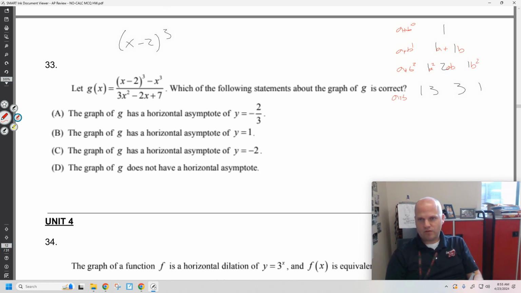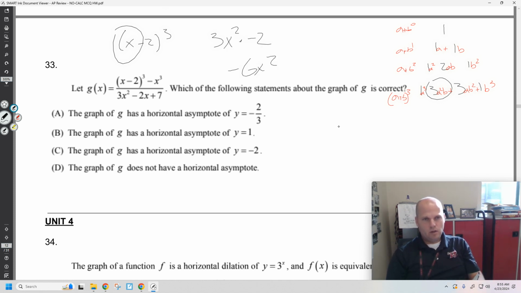These are the coefficients of a plus b cubed. We'll have 1a cubed, 3a squared b's, where you bring one down and raise the other power of the other one. We have 3ab squared, and we have 1b cubed. So we have x squareds. We'll have 3 x squareds times b, which will be negative 6x squared.